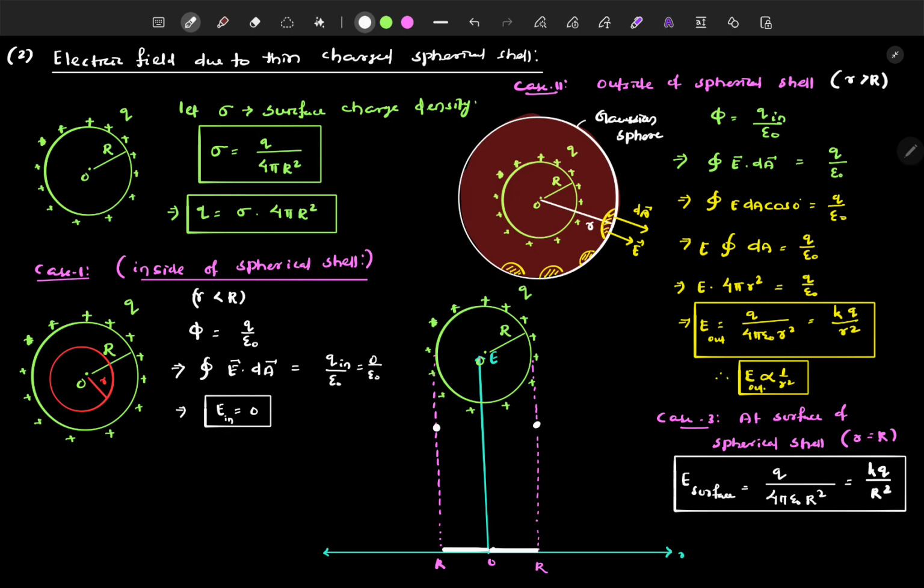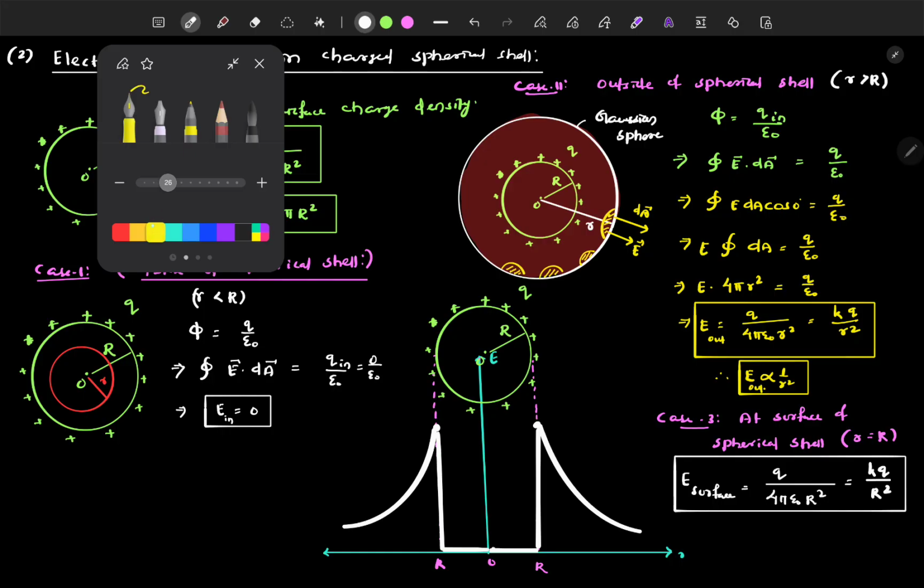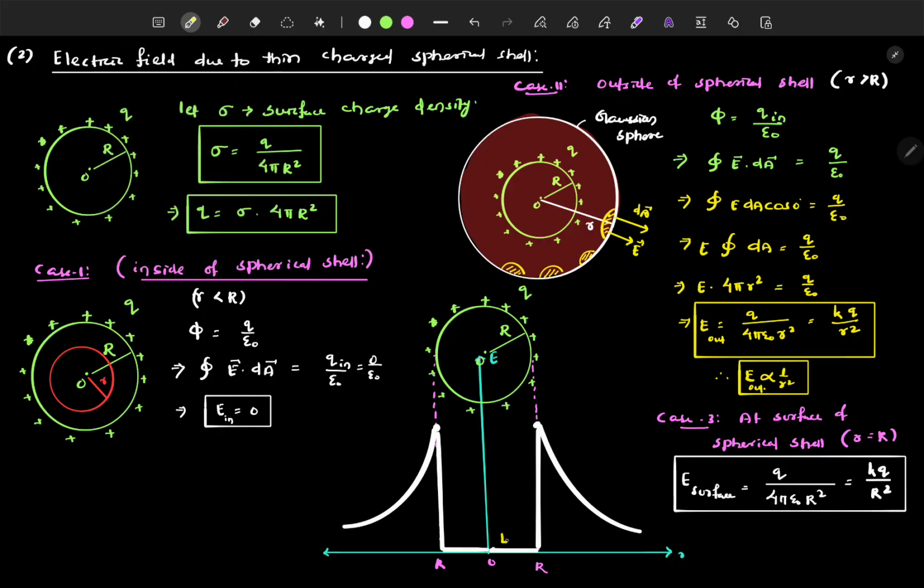Then E outside is proportional to 1 by r square. Then it decreases. This will be the graph. So this is the nature of this graph. From this, you can mention this representing E in is equal to 0.